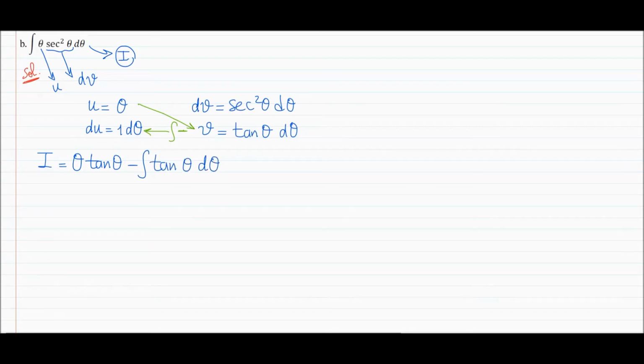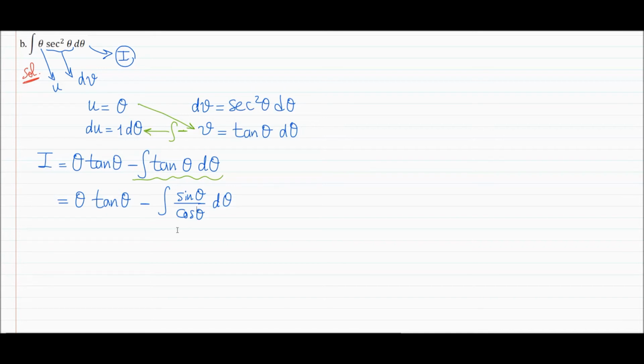And now how can I solve this integration of tan theta? For sure, I know how to solve this problem from worksheet number 11. So the integration of tan, what is the tan? Tan is sine theta over cosine theta d theta, and for sure here you have a fraction and you need to apply the logarithmic integration, or the integration of the logarithmic function.